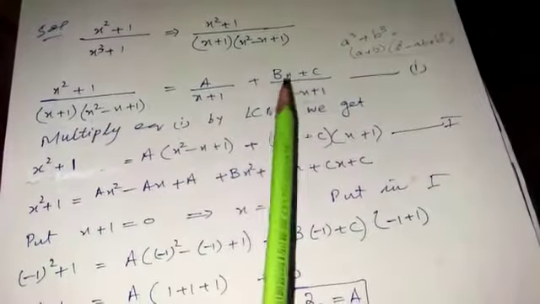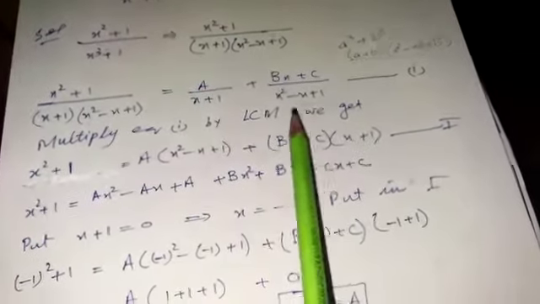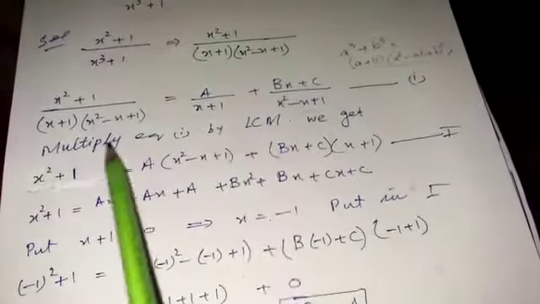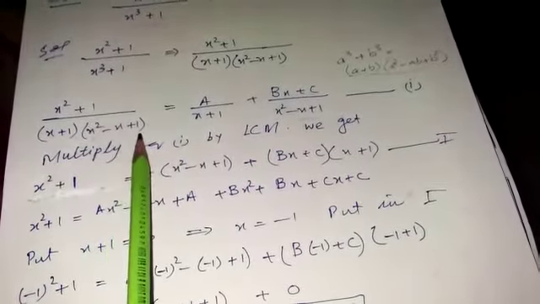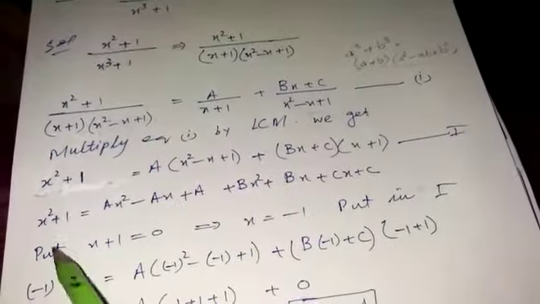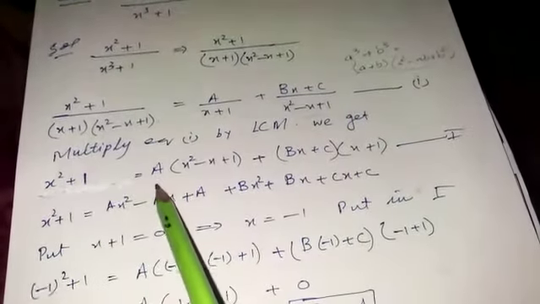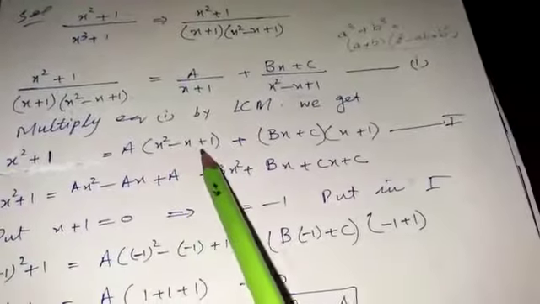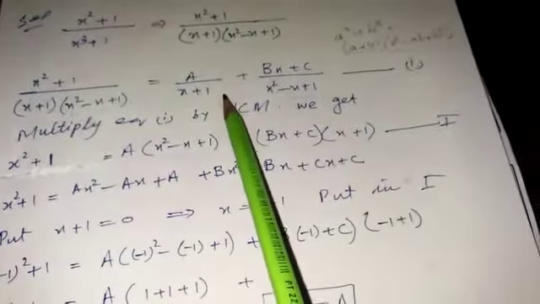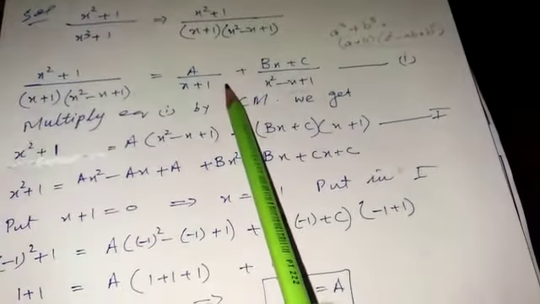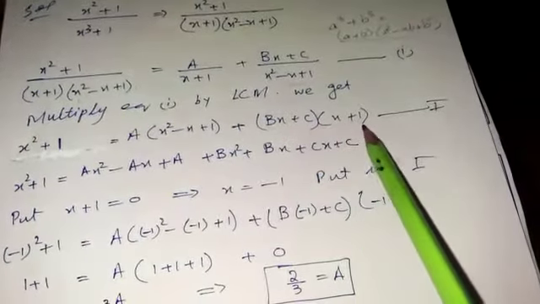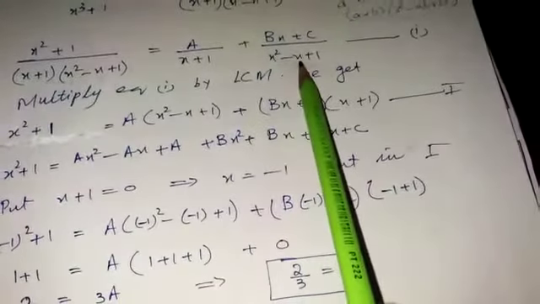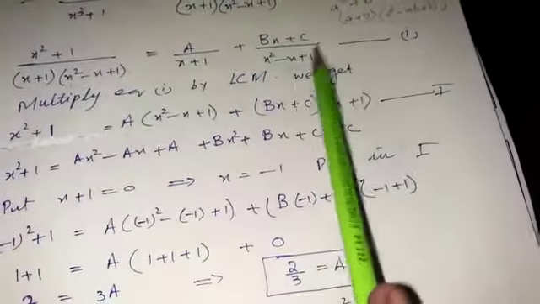By multiplying equation 1 by its LCM, which is x plus 1 into x square minus x plus 1, we get x square plus 1 equals a into (x square minus x plus 1). Here x plus 1 will be cancelled out. Plus (bx plus c) will be multiplied by x plus 1 because this time the factor x square minus x plus 1 will be cancelled out.